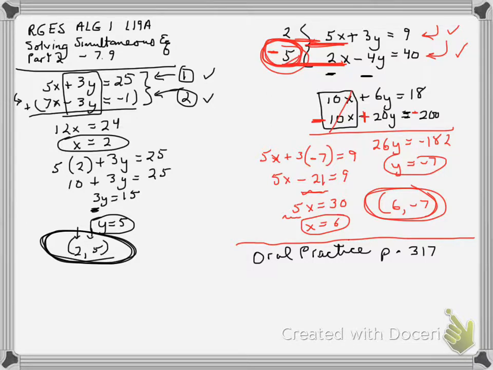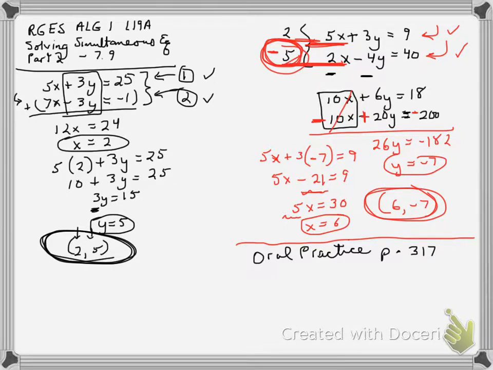If you look at the second set, now they're asking, what should my multipliers be? What I would do, to be real easy and systematic, is pick the smaller numbers. What I have here is 5x plus 3y equals 9, 2x minus 8y equals 4.